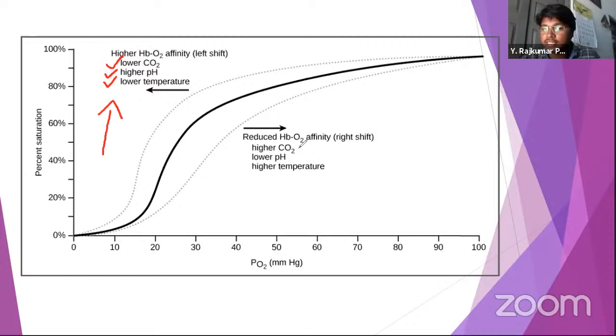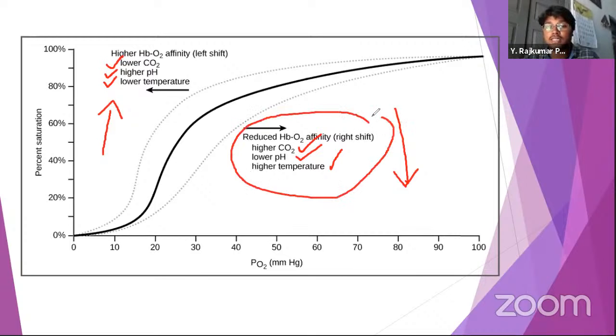Under high CO2 concentration, low pH and high temperature, the oxygen saturation is less, meaning oxygen is dissociating. So these are the three things you must remember: high partial pressure of carbon dioxide, low pH and higher temperature lead to the dissociation of oxygen from the hemoglobin.